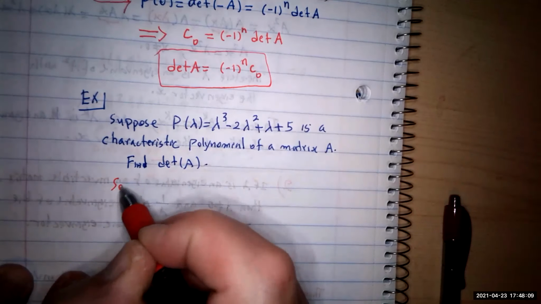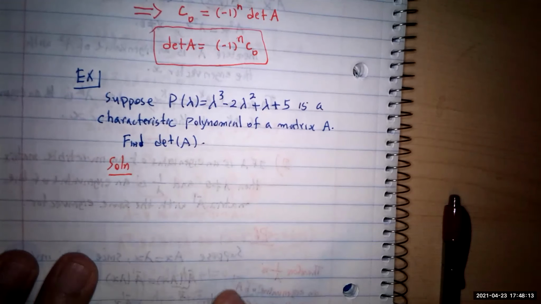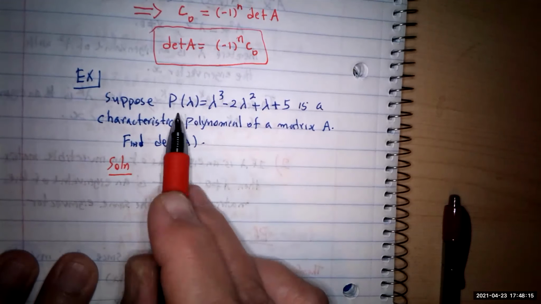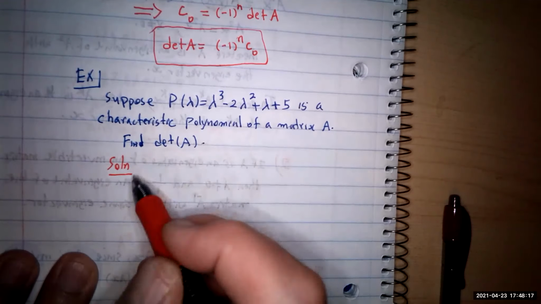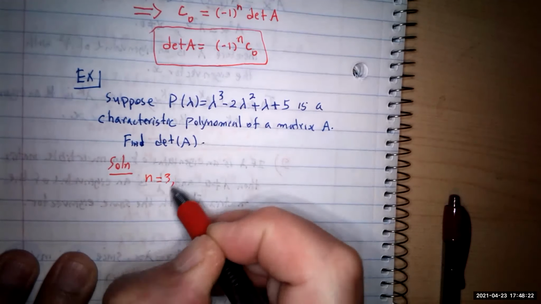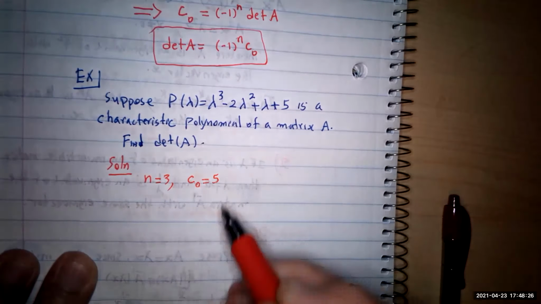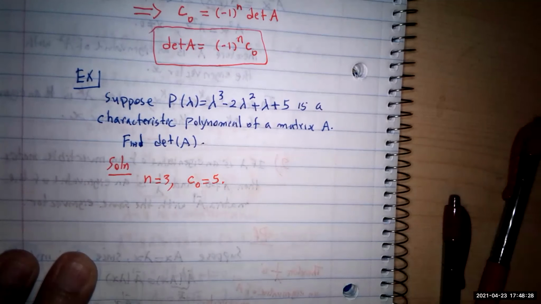So the solution is going to be from this polynomial. You know that n is equal to 3, the degree, and the constant term is equal to 5.